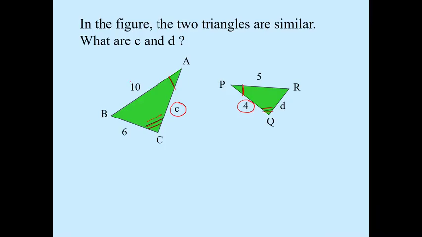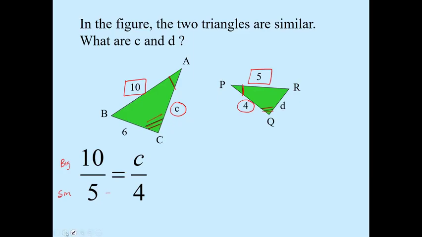Okay, now let's find two sides that I know for sure. How about 10? 10, and its matching side over here is a 5. So let's go ahead and set that up. 10 divided by 5. Notice that this is the big triangle and this is the small triangle. You've got to keep your sides together: 10 and C on the big, 5 and 4 on the small.